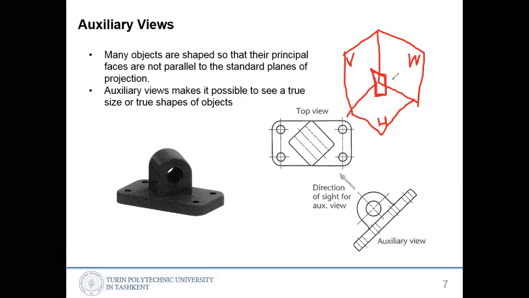Then we will create an auxiliary view in order to see the true side of this. Because if you project it to this side, it comes with a slope, so you cannot see the real length. The length is not real here, because we are looking at this side, and because it is turned to the side, it will be projected without real sizes.